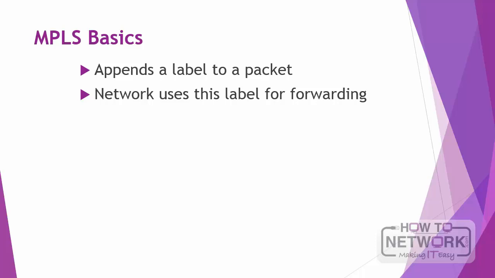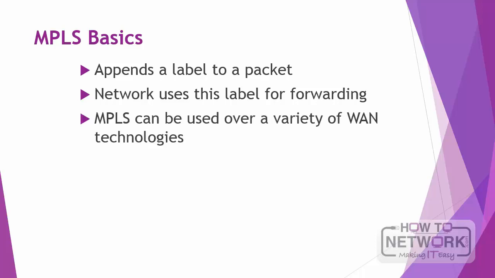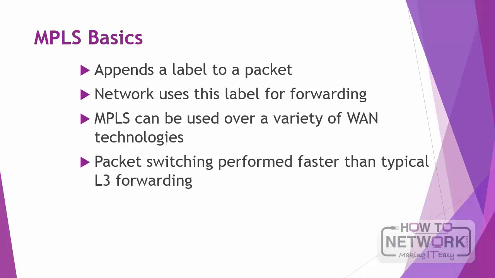The ability to label a packet for efficient forwarding allows MPLS to work with a wide range of underlying technologies. By simply adding a label to the packet header, MPLS can be used in many physical and data link layer WAN implementations. The MPLS label is positioned between the layer 2 header and the layer 3 header.